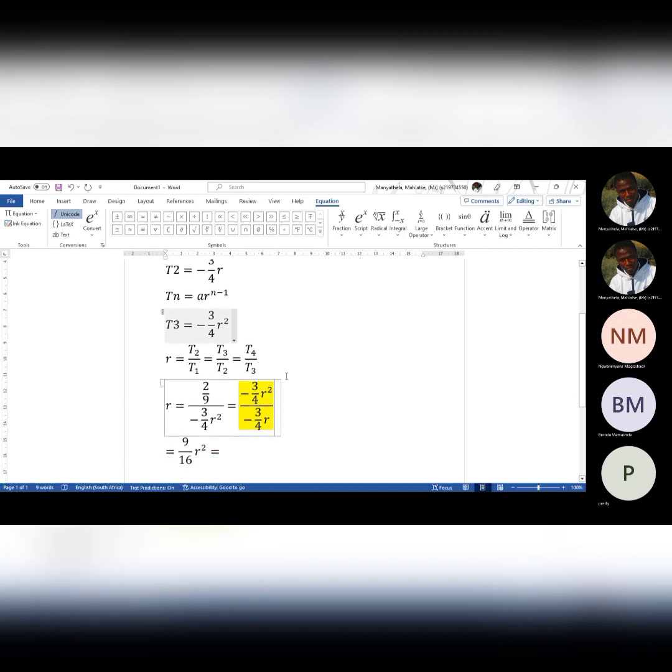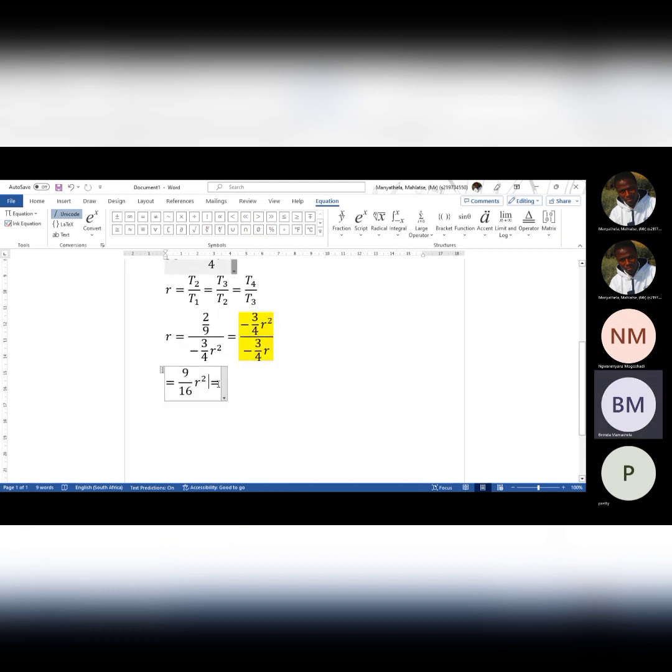So T3, then T2, is negative 3 over 4. Now we can solve for R. You can just take it straight away or multiply by 2 over 9. Minus 3 over 4 gives negative 1 over 6.